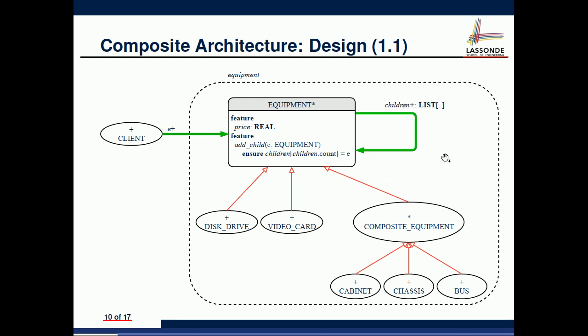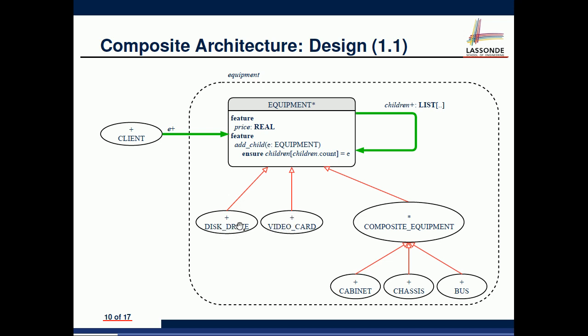You can see that from this first design, the children feature over here, which is a list of equipments, simply belongs to equipments, which means even the basic components like a disk drive and video card have children. That might work programmatically, but doesn't make any reality sense, because in reality you wouldn't have a video card that has one child of type disk drive, right?